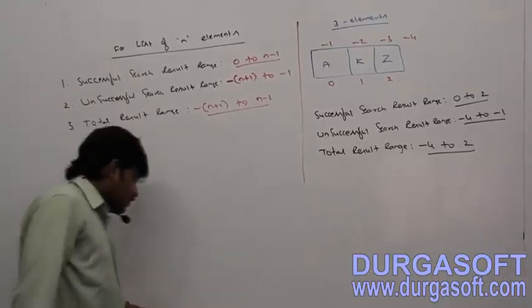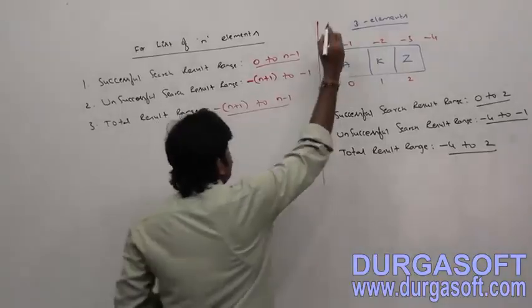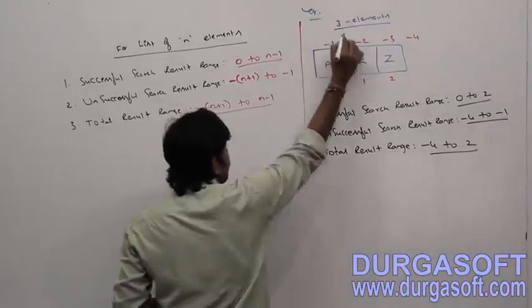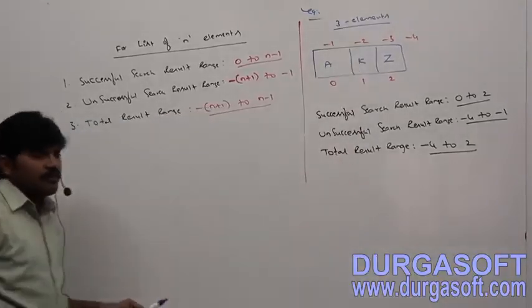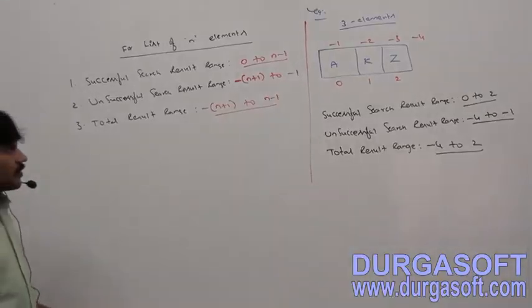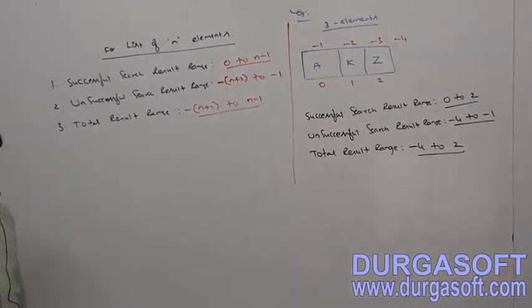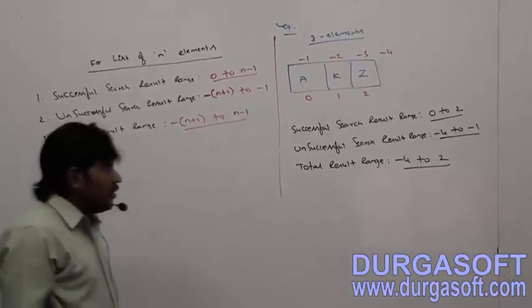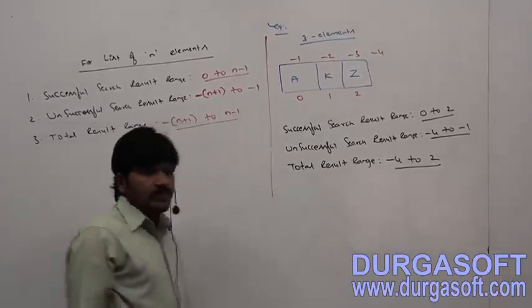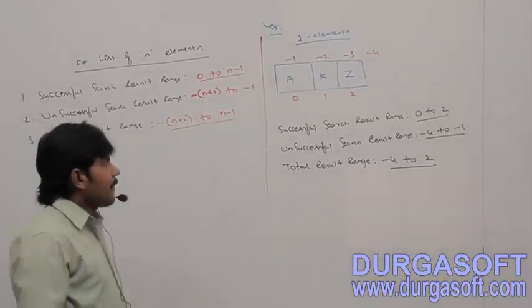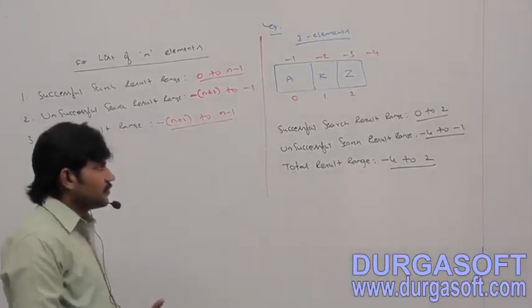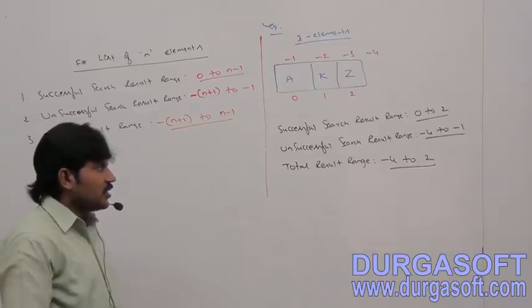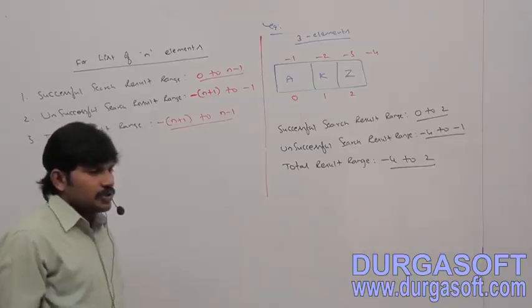Example, like you can take this one. Now exact values for 3 elements, A, K, Z. Successful search result range 0 to 2.